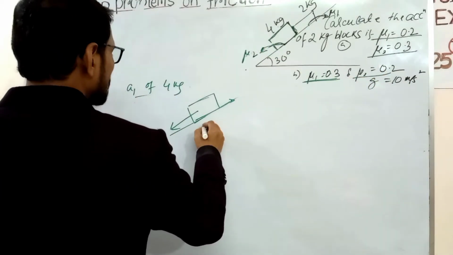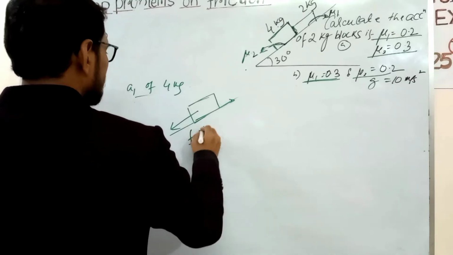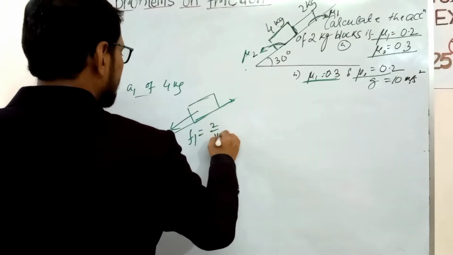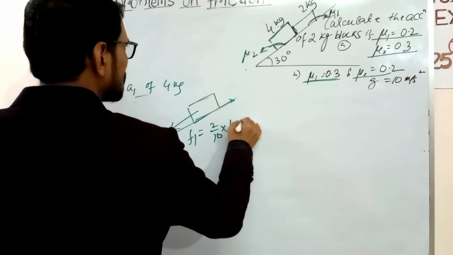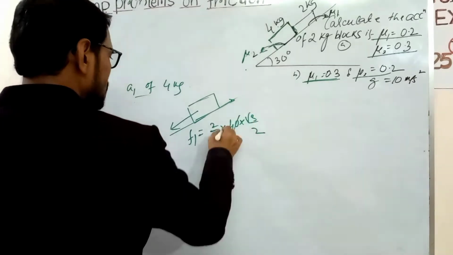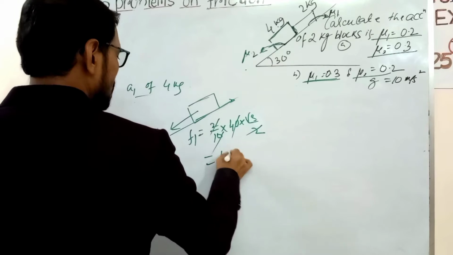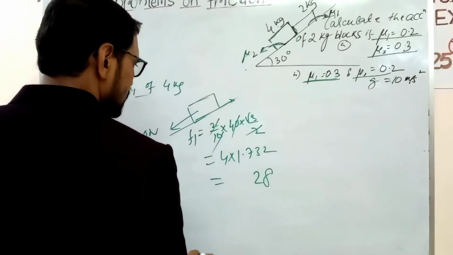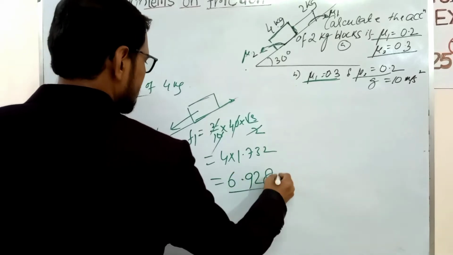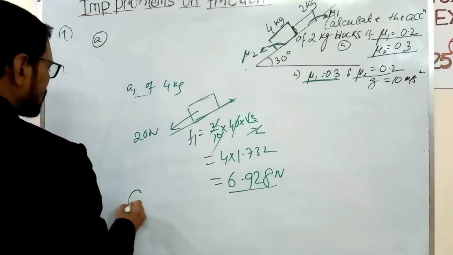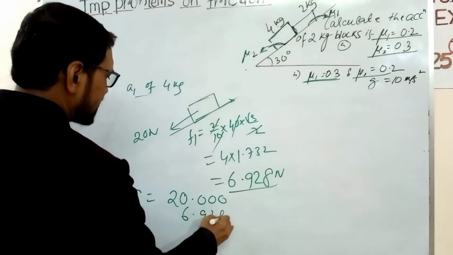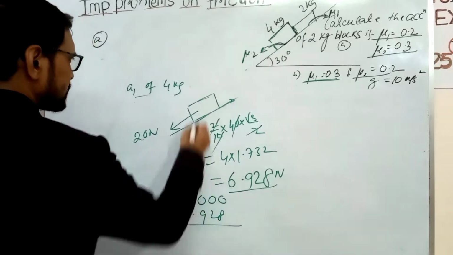So friction force F1 equals mu mg cos theta, where mu is 2 by 10 and mg is 40 into root 3 by 2. This is the friction force. The 10 and 10 cancel, the 2 and 2 cancel, leaving 4 root 3, with root 3 as 1.732. So here acceleration equals 26.928 divided by 4, since this is the 4 kg block.